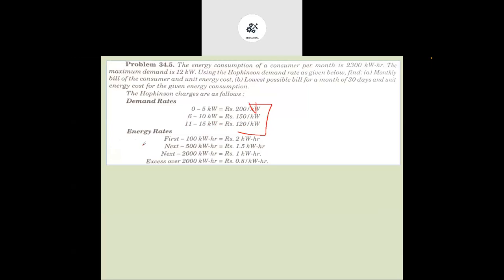Now, energy rates: whatever the total energy consumed by the customer, the rate is given here.